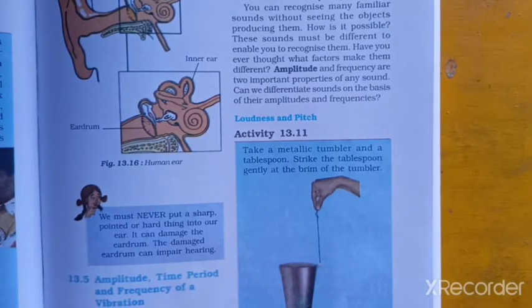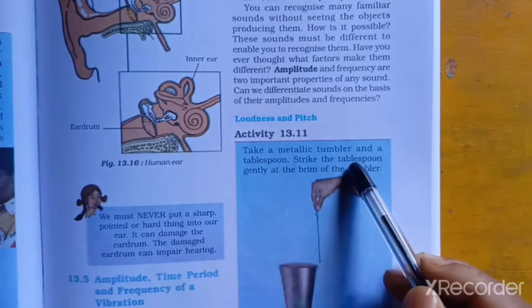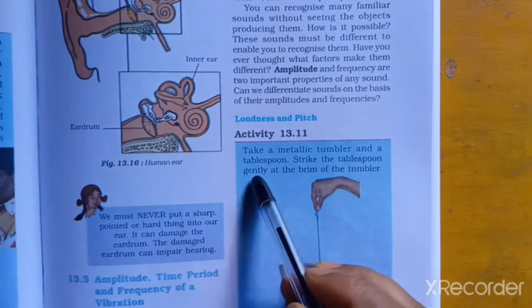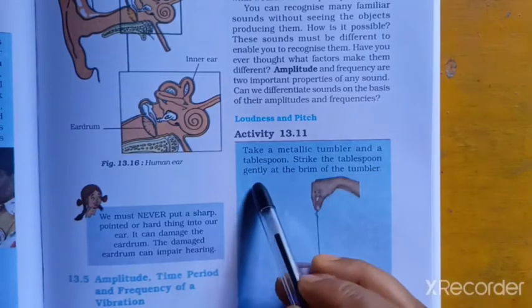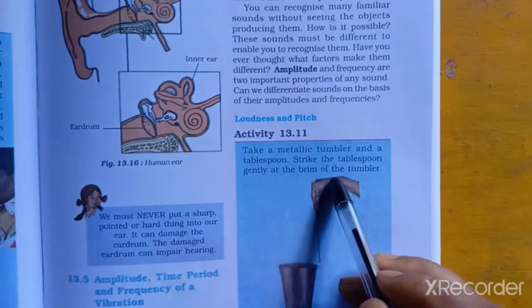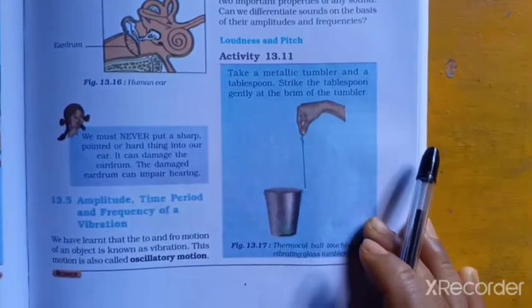Loudness and pitch. Activity 13.11. Take a metallic tumbler and a tablespoon. Strike the tablespoon gently at the brim of the tumbler.